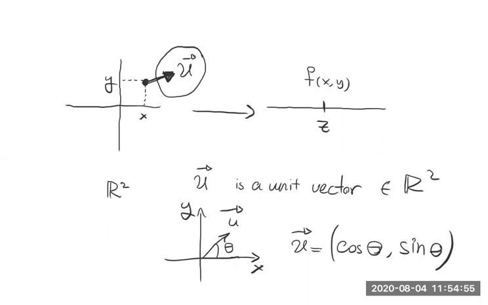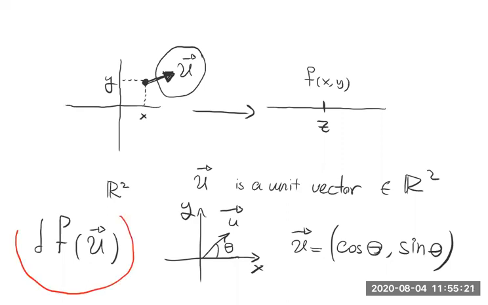So remember, any unit vector in R2 which makes angle theta with the positive direction of the x-axis is equal to cosine theta and sine theta, okay? And I want to know what is the change of f. What is the derivative of f, or change of f, in direction of u? This is the notation I would use. This means the slope in direction of u, or the change of f in direction of u, or the derivative of f in direction of u.